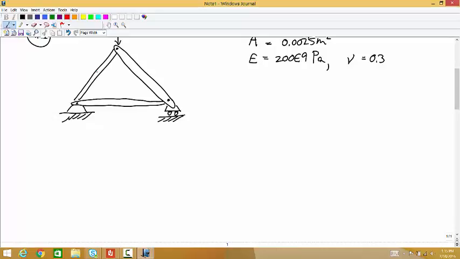So I'm going to number these members 1, 2, 3. And the joints I'll call A, B, C. And I'll put my coordinate system down here.